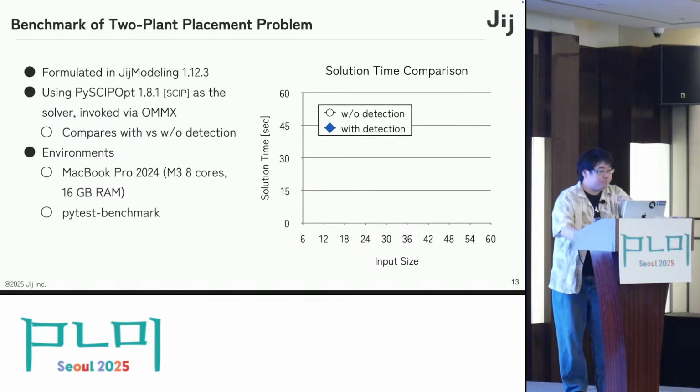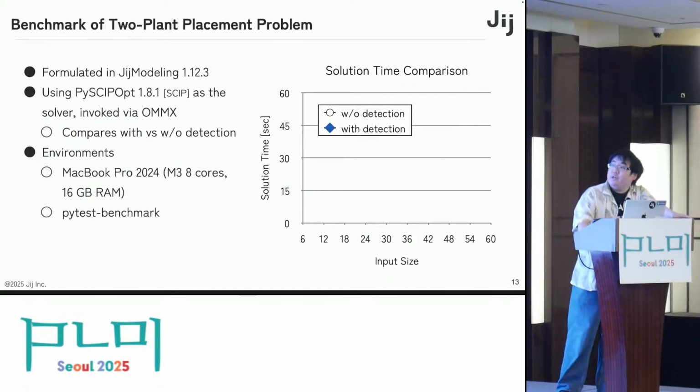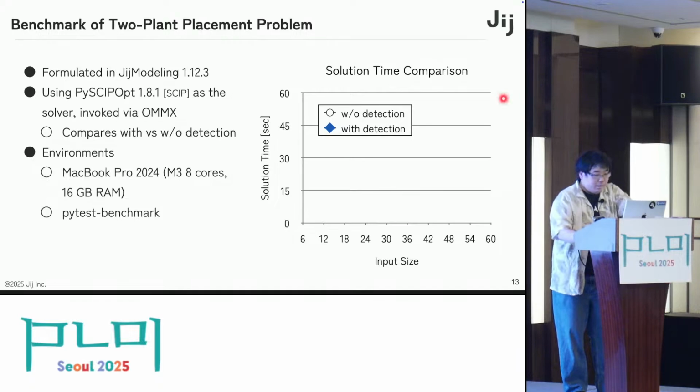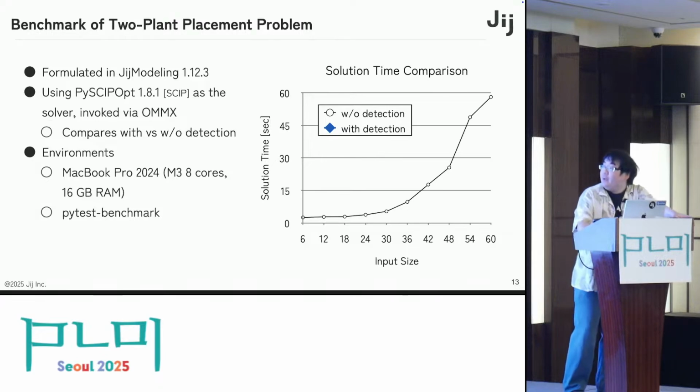Okay. So we formulated this in JijModeling 1.12.3 and using PySCIPOpt solver as the solver, and compared without detection version and with detection version in terms of runtime. Okay. So first, let's see the runtime without detection.